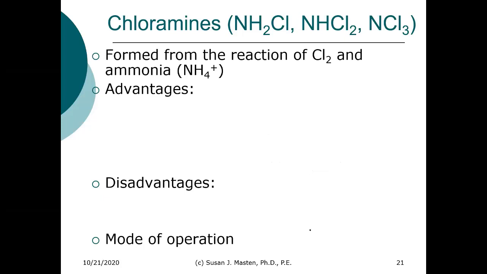Now we also can use chloramines. And for instance, the Lansing water treatment plant, which is named the John Dye plant, uses chloramines. So these are formed by the reaction of chlorine and ammonia, and that produces monochloramine, dichloramine, and trichloramine.